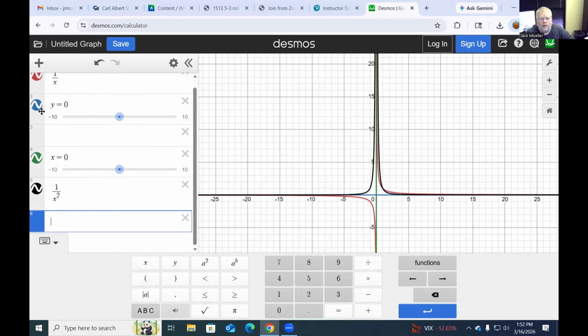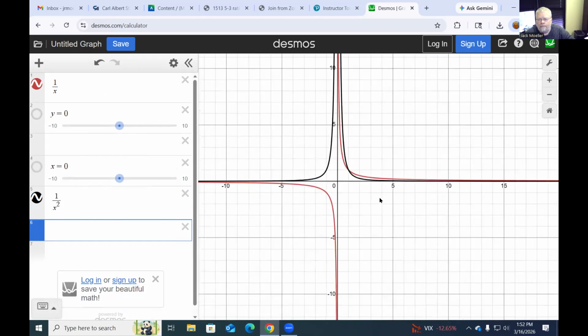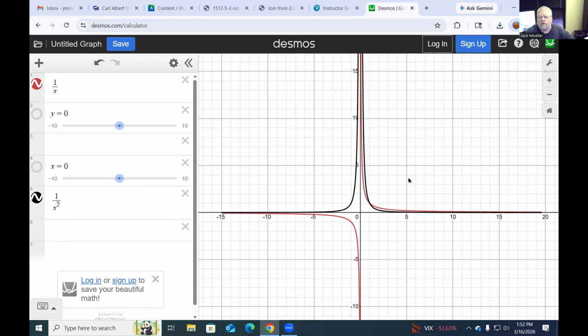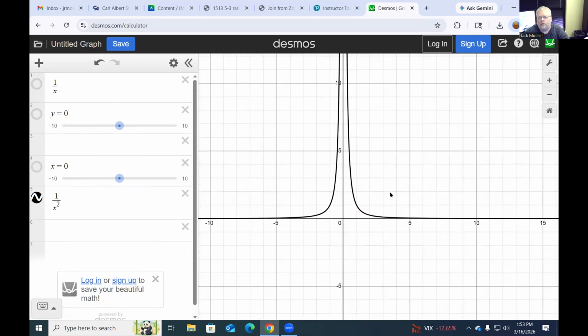All right, let me turn these off for a second. I don't know how well it's coming through here, but the red is the 1 over x. The black is 1 over x squared. Let me turn that off. So there is our 1 over x squared.